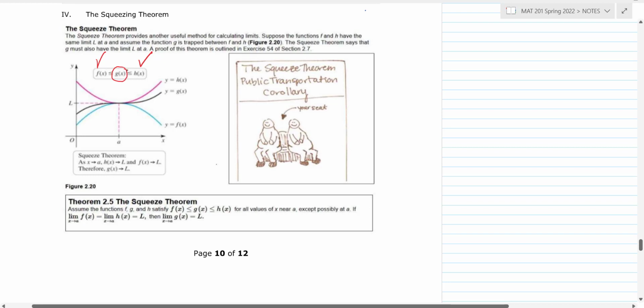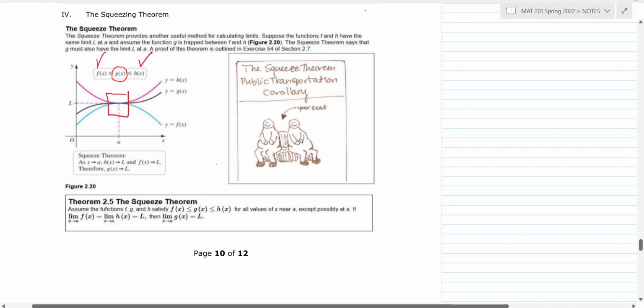What it's saying is in a real small neighborhood around a, if all of the function values of f of x are less than or equal to g of x and less than or equal to h of x, then the squeezing theorem says you can take the limit of f of x and the limit of h of x, and if they're the same, then the limit of g of x will also be the same.